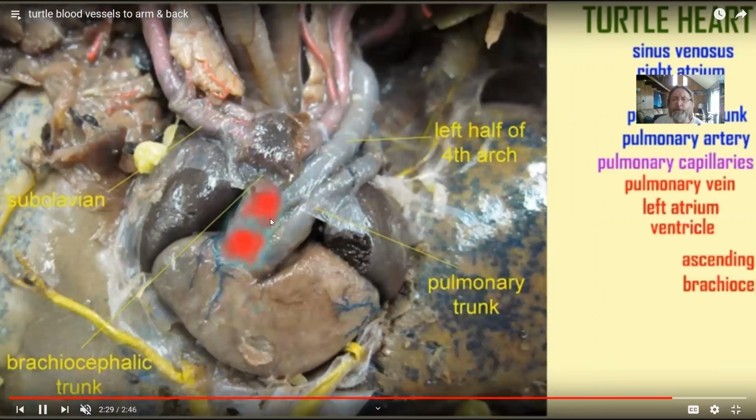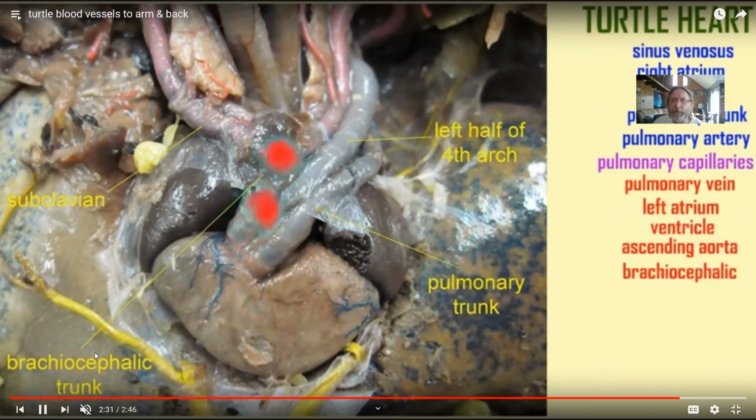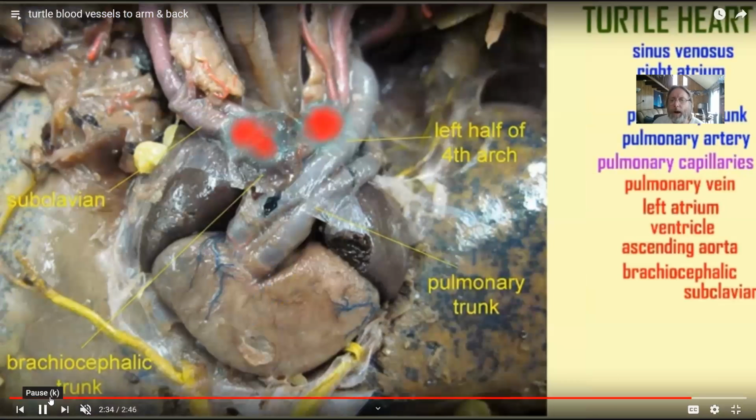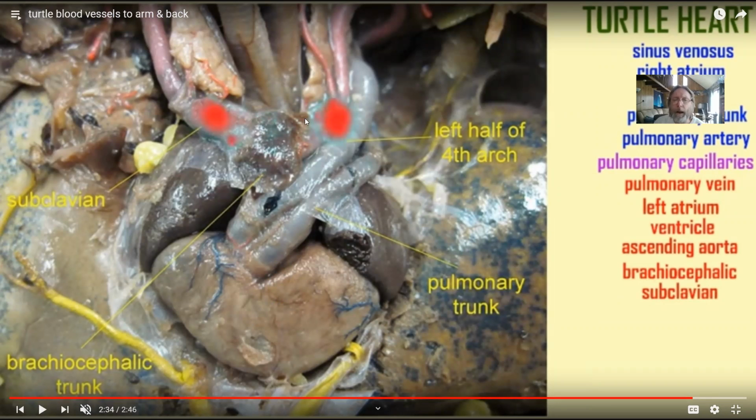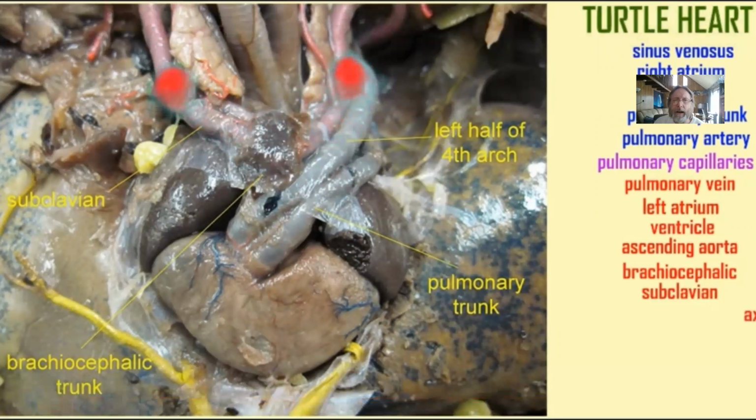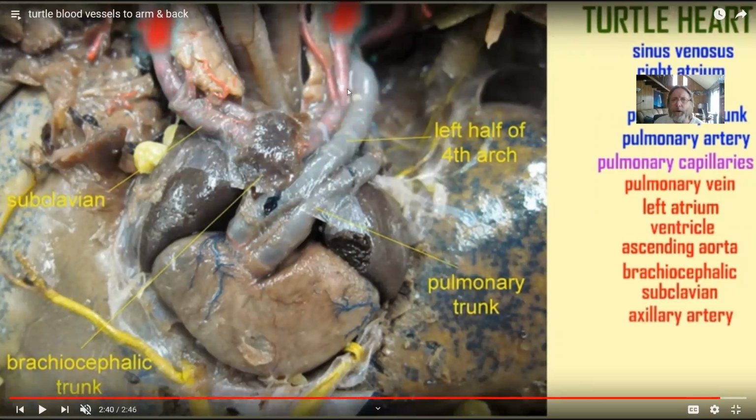Again, so from the ventricle, the red oxygenated blood would go into brachiocephalic arteries on both sides. And then there would be subclavians on both sides, and from there to the axillary region. The carotid arteries would then go to the brain.